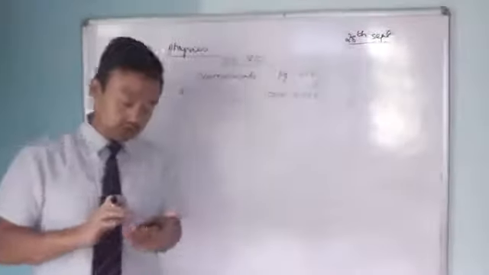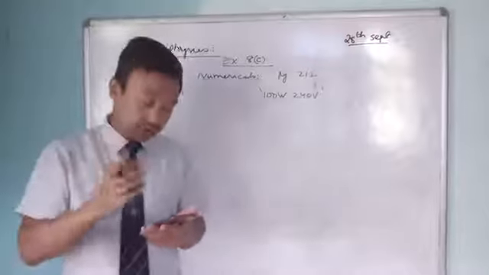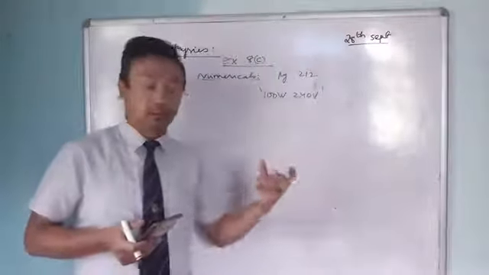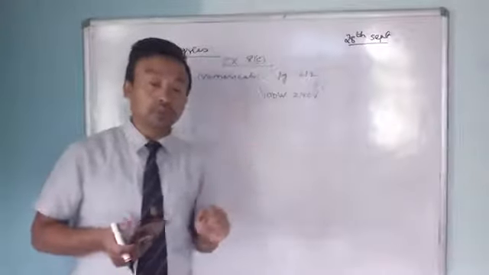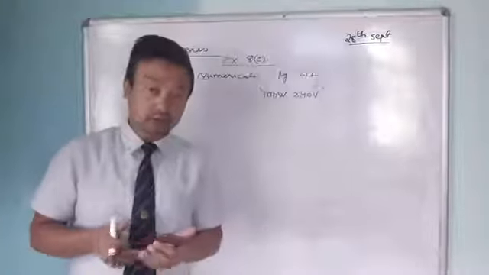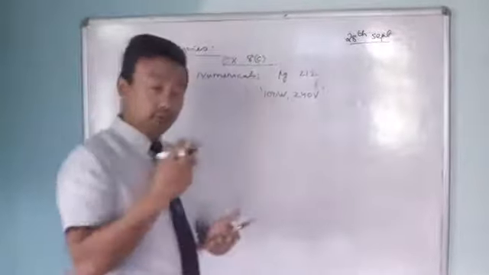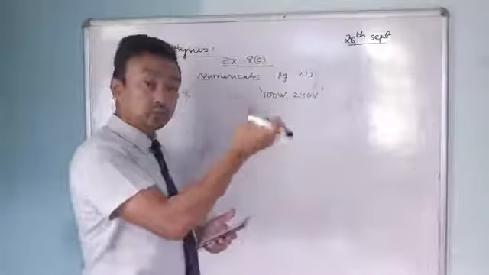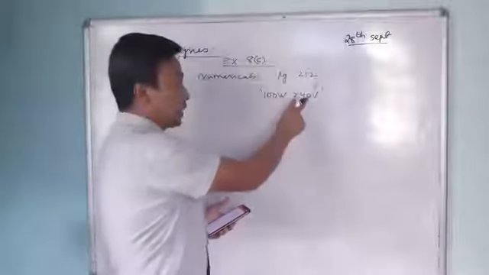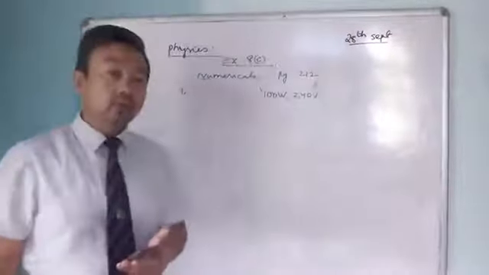Usually all these appliances which run with the help of electricity, that is electrical appliances, if you happen to go to a shop and buy one bulb, in the cover outside the bulb, these things will be labeled there, or it will be written, or it will be marked there. So what does it mean? That bulb has the capacity to produce the power of 100 watt, and the potential difference that it can take will be 240 volt.